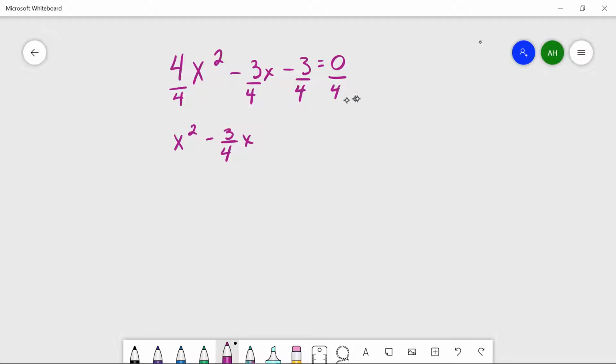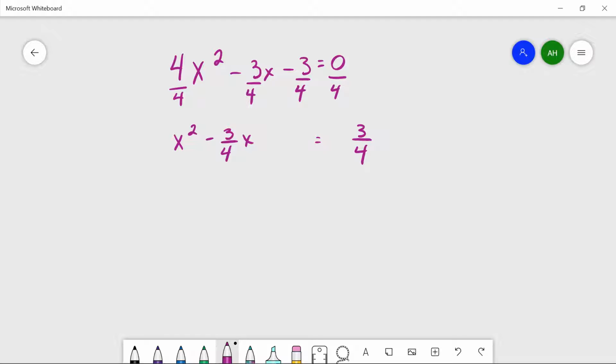Okay, let's go ahead and move this negative 3/4 to the other side because I don't think I'm going to be able to find the factors of 3/4 that are also going to add to 3/4. So let's move that to the other side, and as I moved it, it actually should have gone over there as a positive.